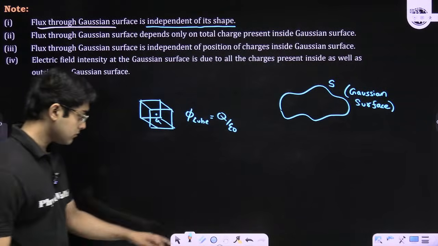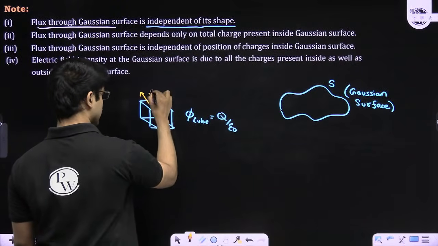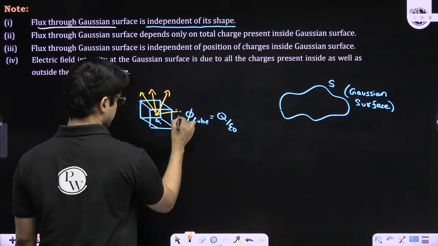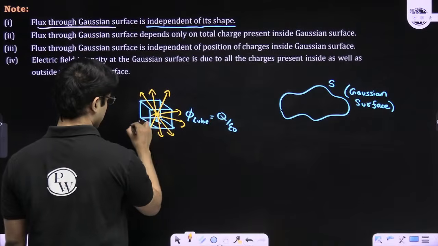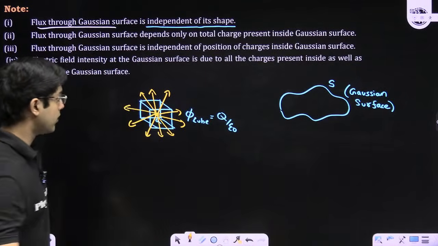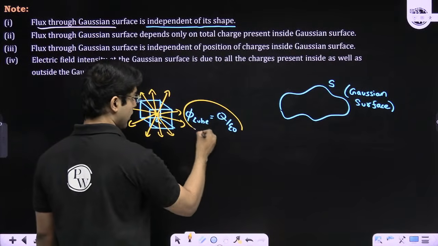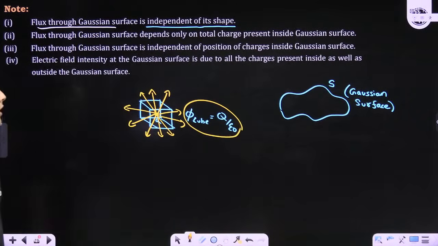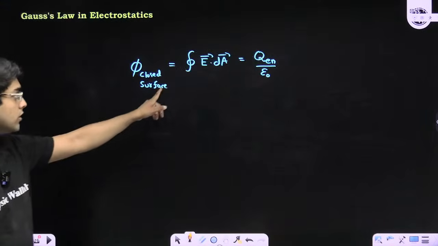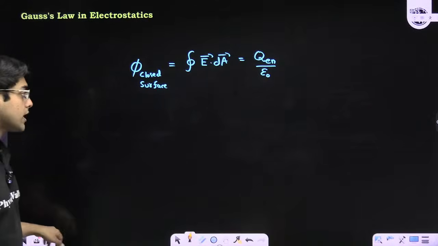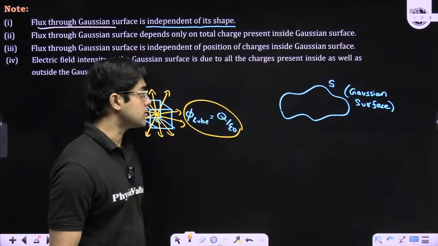We should also draw the field lines to imagine flux. There will be these field lines cutting the surface, and hence there will be flux through the cube, and the total flux will definitely be q by epsilon naught according to Gauss law. Even though we are not going to calculate the left side of the Gauss law here, E dot dA, because that will be very complicated for this surface.